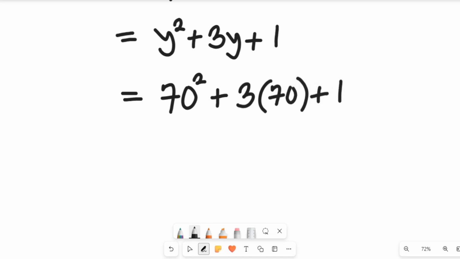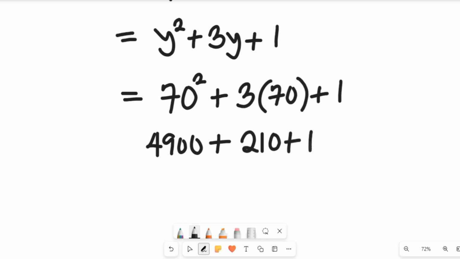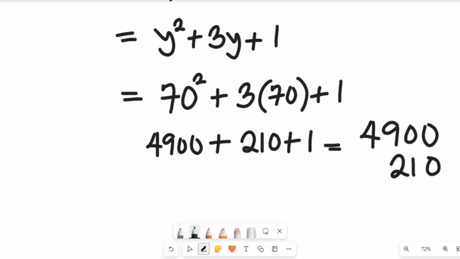plus 1. So 70 squared is going to give us 4,900, plus 70 times 3, that will give you 210, plus 1. So if we add this expression, we're going to have 4,900 plus 210, now plus what?